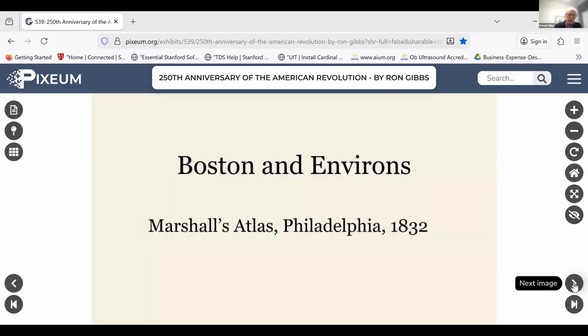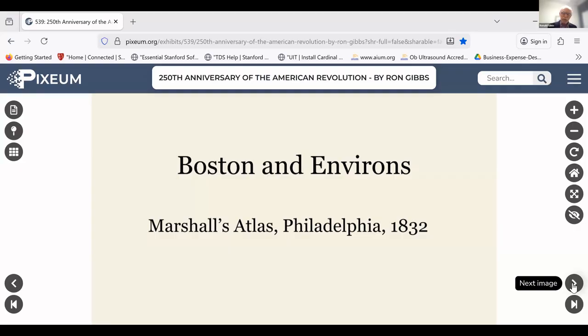The next map that I'm going to show you is of Boston and its environs. This comes from Chief Justice John Marshall's atlas to his 5-volume book called The Life of Washington.